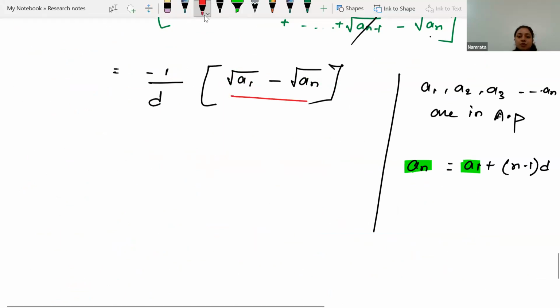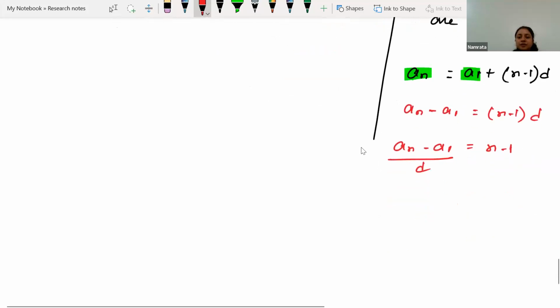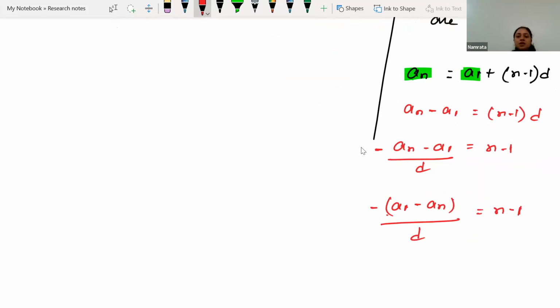Because I want to make something like this so that we can do the substitution. So an minus a1 is equal to n minus 1 into d. An minus a1 by d is equal to n minus 1. Can I write over here a1 minus an, taking minus common out, by d is equal to only n minus 1? Is it clear?